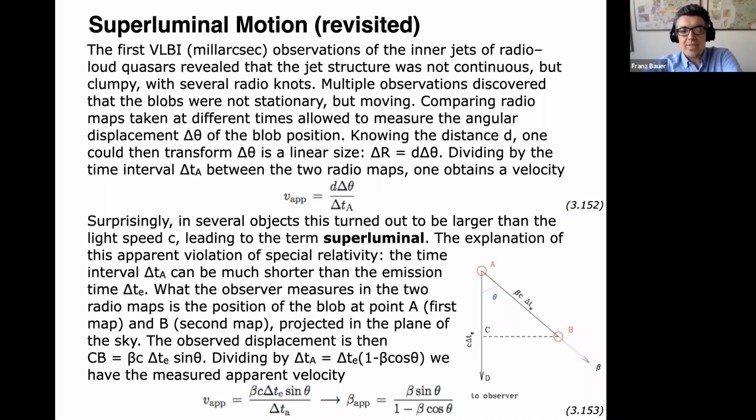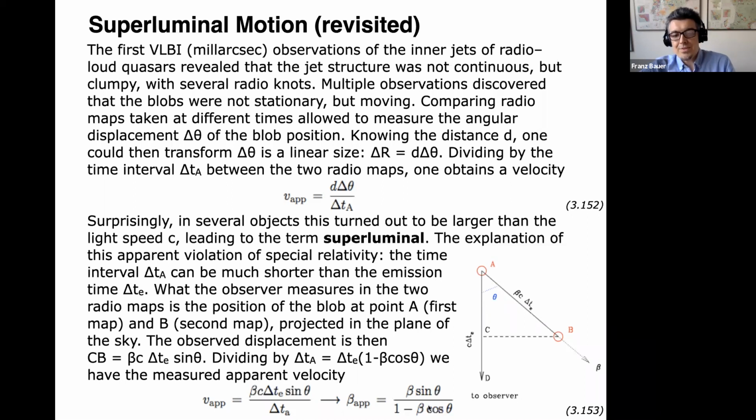And so we can divide out some of these things, or substitute in delta t_a and delta t_e here. What we end up getting is an apparent velocity divided by c, which is related to this angle. There are interesting consequences here. As this gets bigger, this thing gets larger and this thing gets smaller.